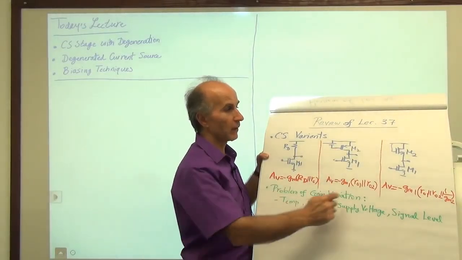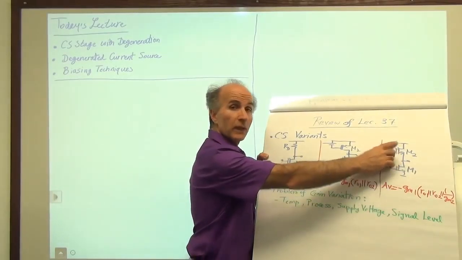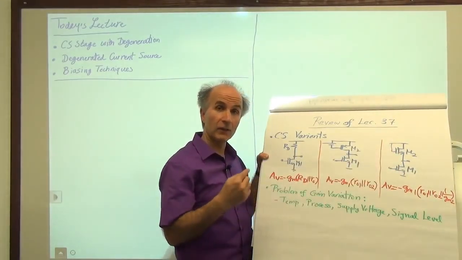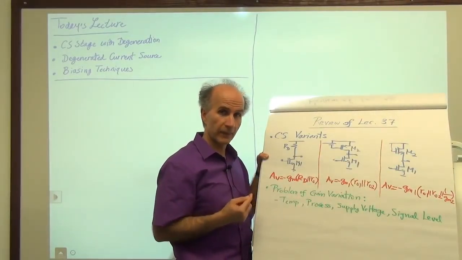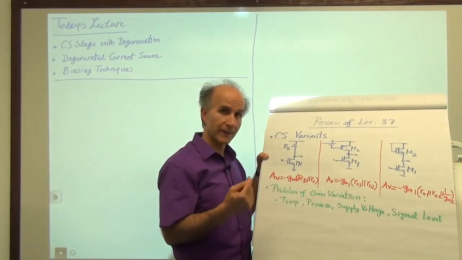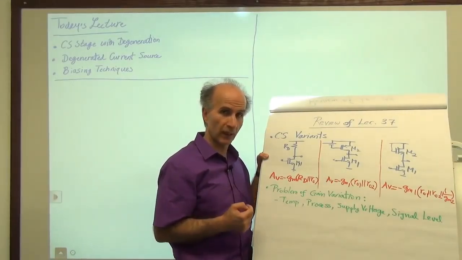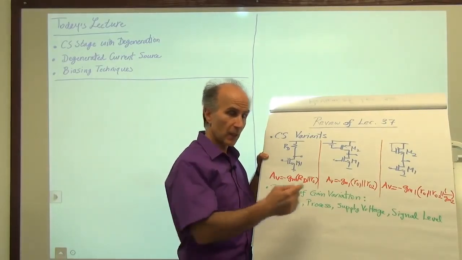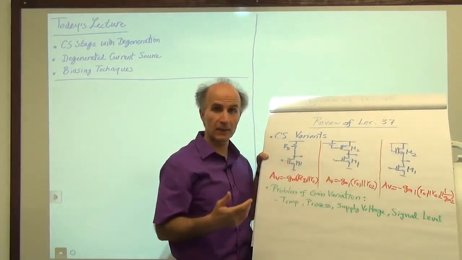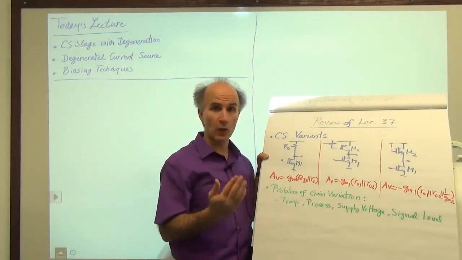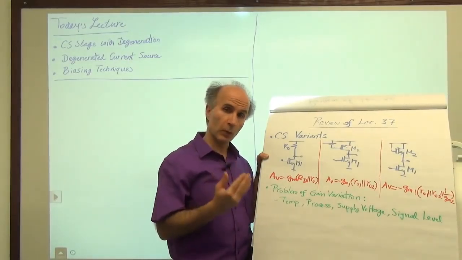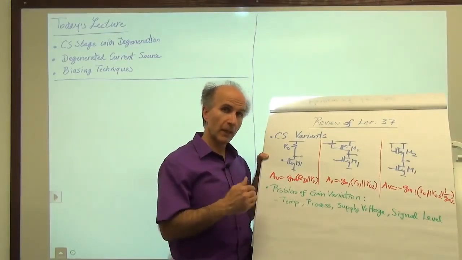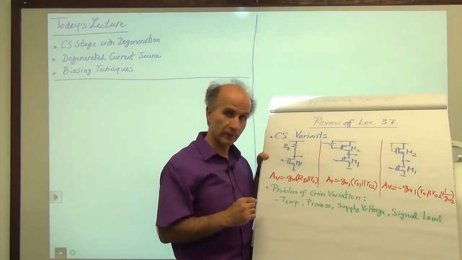And finally, we saw another type of stage where the load consists of a diode connected device. A diode connected device is one whose gate and drain are shorted together. And we saw that from a small signal point of view, this device has an impedance of approximately 1 over GM, or if we want to be more precise, 1 over GM in parallel with RO.